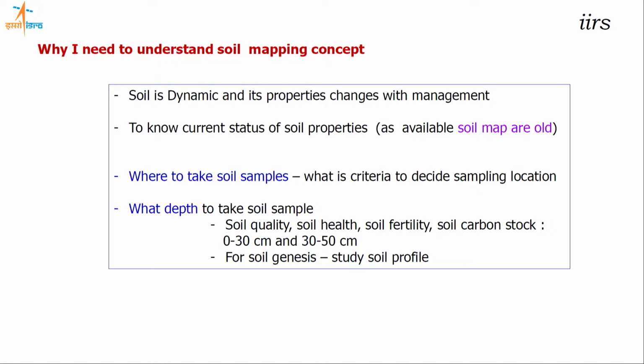Also, our objectives are sometimes very dynamic in nature. Suppose I am interested in soil quality, soil health, soil fertility, or soil carbon stock. These are dynamic properties, and in this case we want to collect the samples ourselves in our research project, as well as any user-funded project. Then the question comes, where to take the soil samples and at what depth. Generally for these applications we want only 0 to 30 centimeter or 30 to 50 centimeter depth.